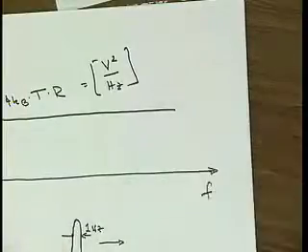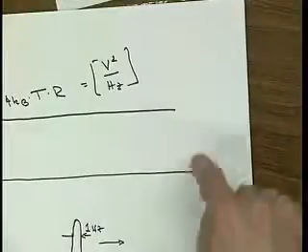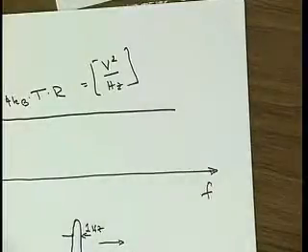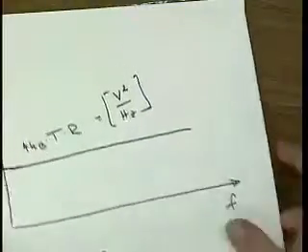Supposedly, once you get into the terahertz region, something strange happens and the noise actually falls off. I've never been able to measure anything in my circuits up at terahertz, so whatever, I don't care.